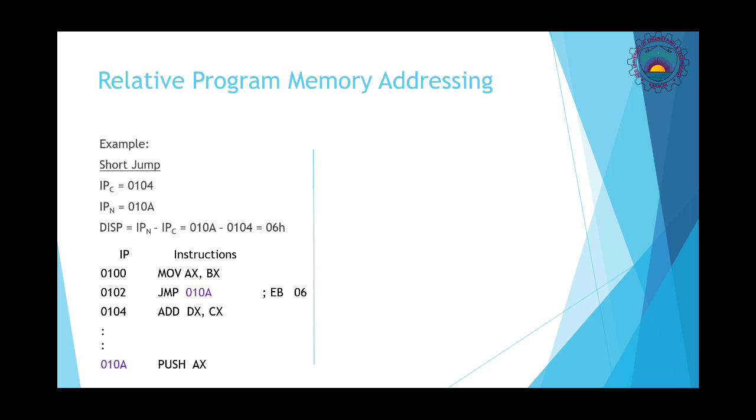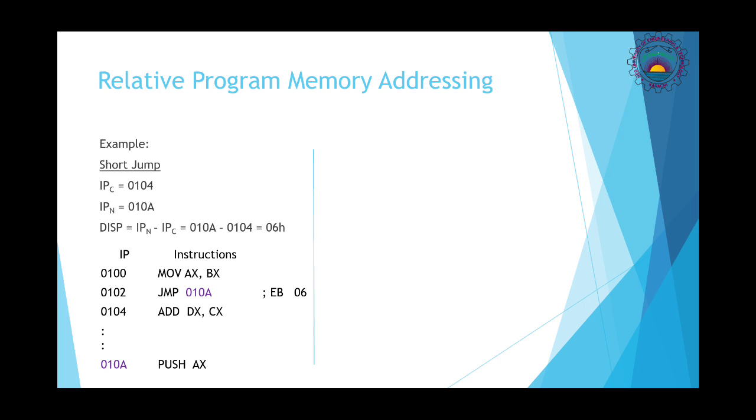So when this instruction is fetched from memory, after completely fetching this instruction, IP will be having 104. So at the time of execution of jump instruction, IP will be having 104. So that is why we have taken IPC as 104.